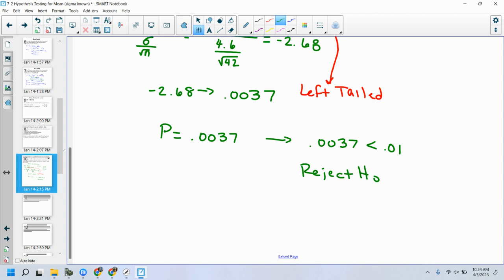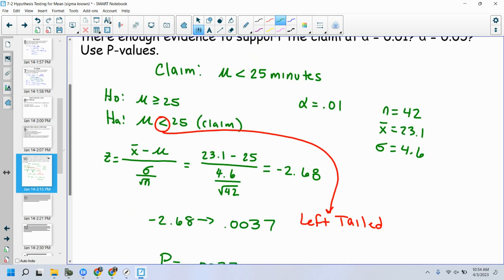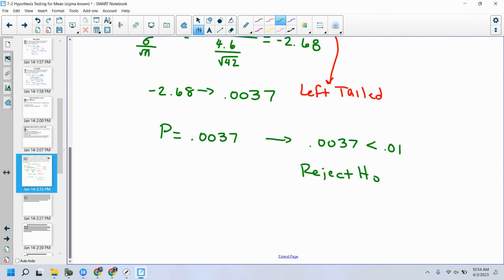To finish it off at the end, I need to create my statement. I need to put it into context of the claim. So if I reject the null, what do I say? I can support the claim. I reject the null hypothesis, therefore supporting the claim.